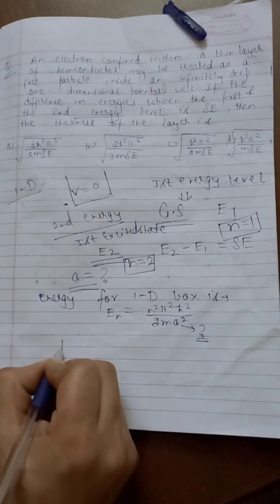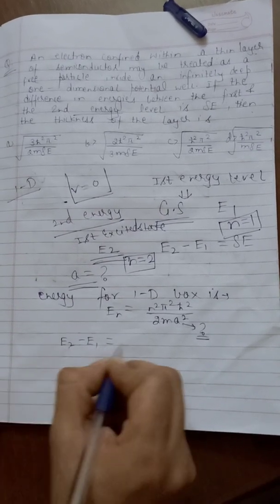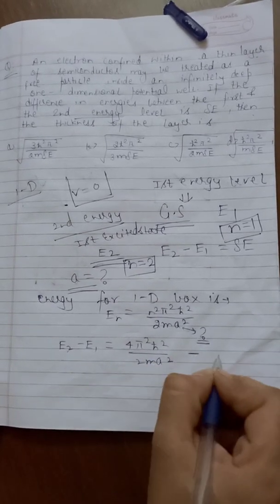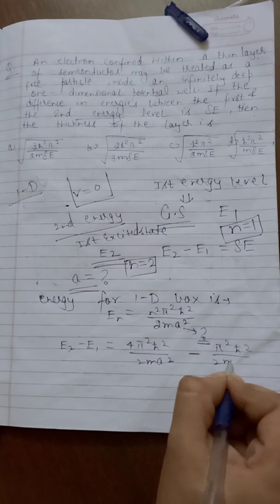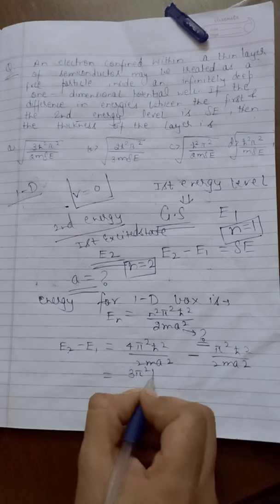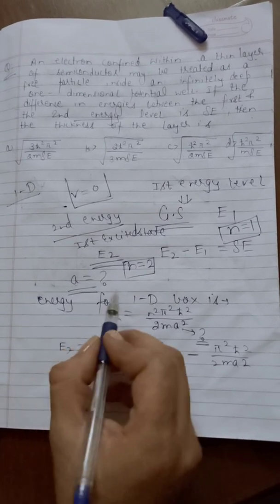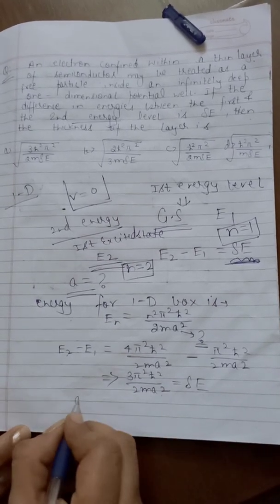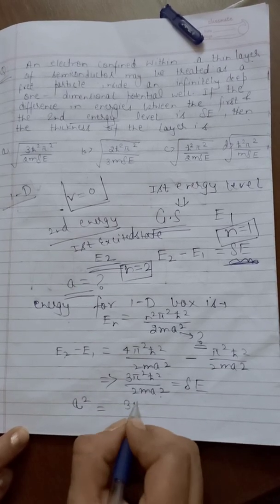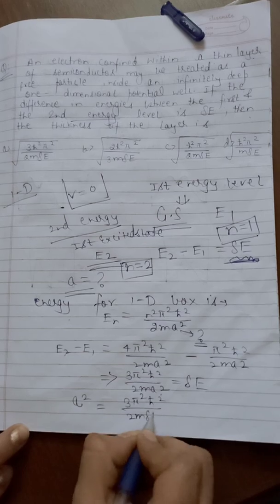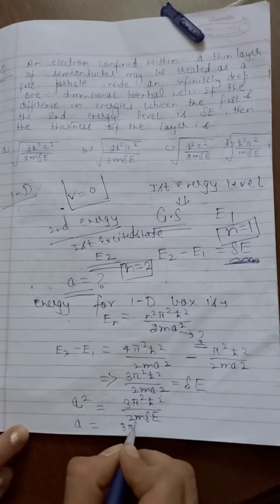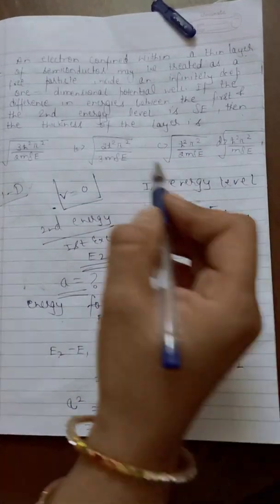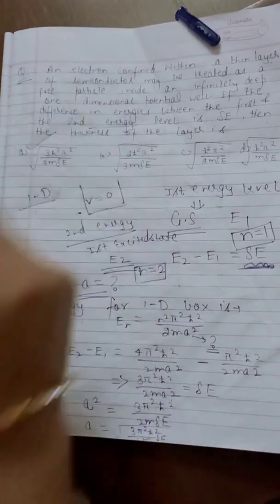So E2 minus E1 means 4 pi squared h cut squared over 2m a squared minus pi squared h cut squared over 2m a squared, which is equal to 3 pi squared h cut squared over 2m a squared, and this difference is given equal to del E. From here, a squared is equal to 3 pi squared h cut squared over 2m del E, so a is the square root of 3 pi squared h cut squared over 2m del E. This is our answer.